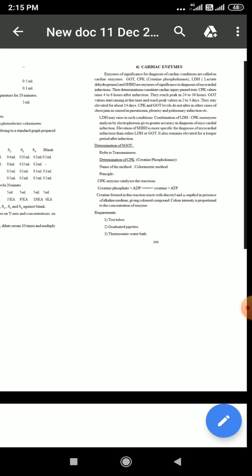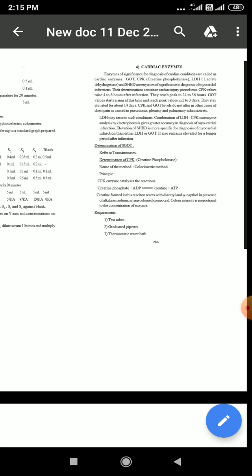Here we will discuss the estimation test for creatine phosphokinase. The name of the method is the colorimetric method. Talking about the principle, CPK, that is creatine phosphokinase enzyme, will catalyze the reaction: creatine phosphate plus ADP will give rise to creatine plus ATP.